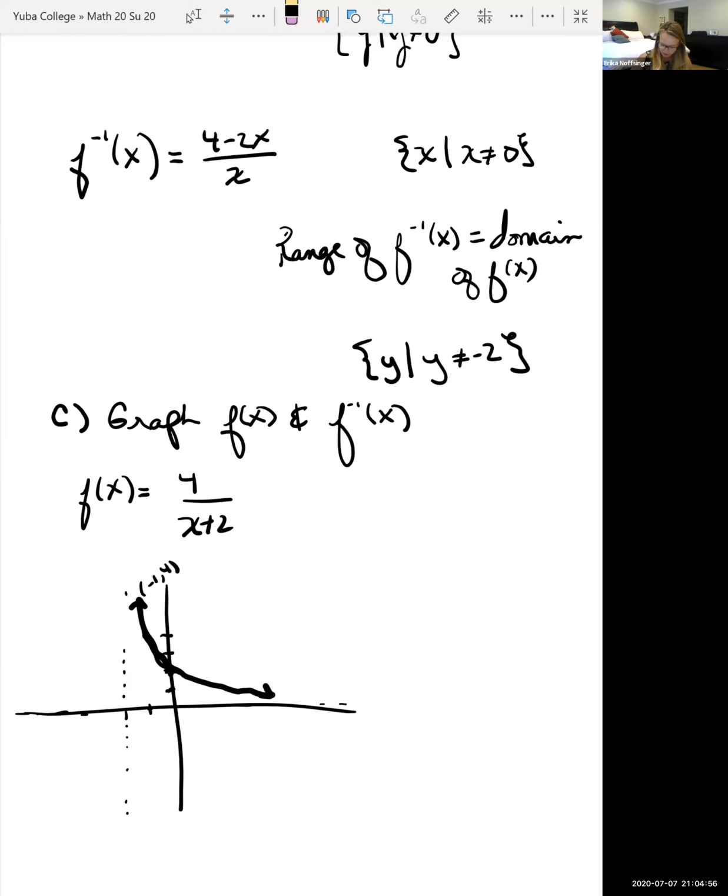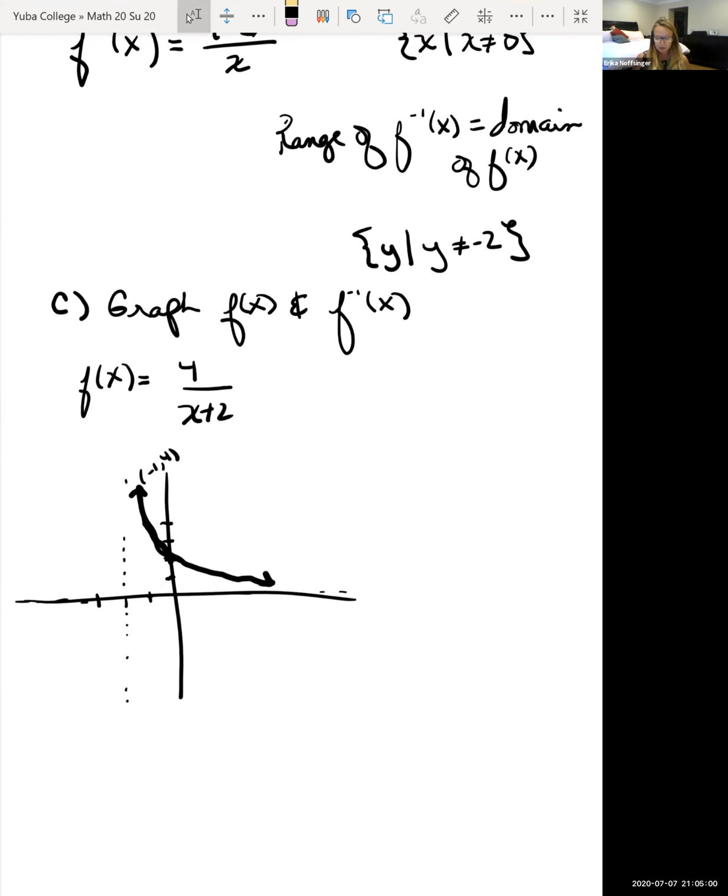And then over here, on the other side of -2, if we plugged in -3, that's 4 over -3 plus 1. That's 4 over -1, which is -4. So at -3, we got -4. And come down and hug this.